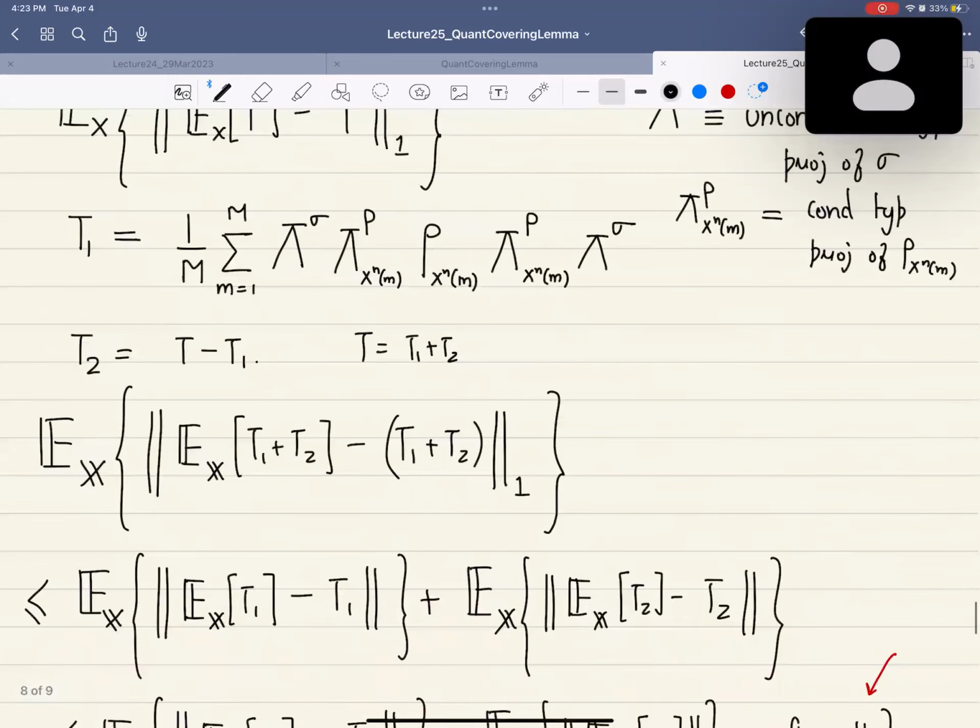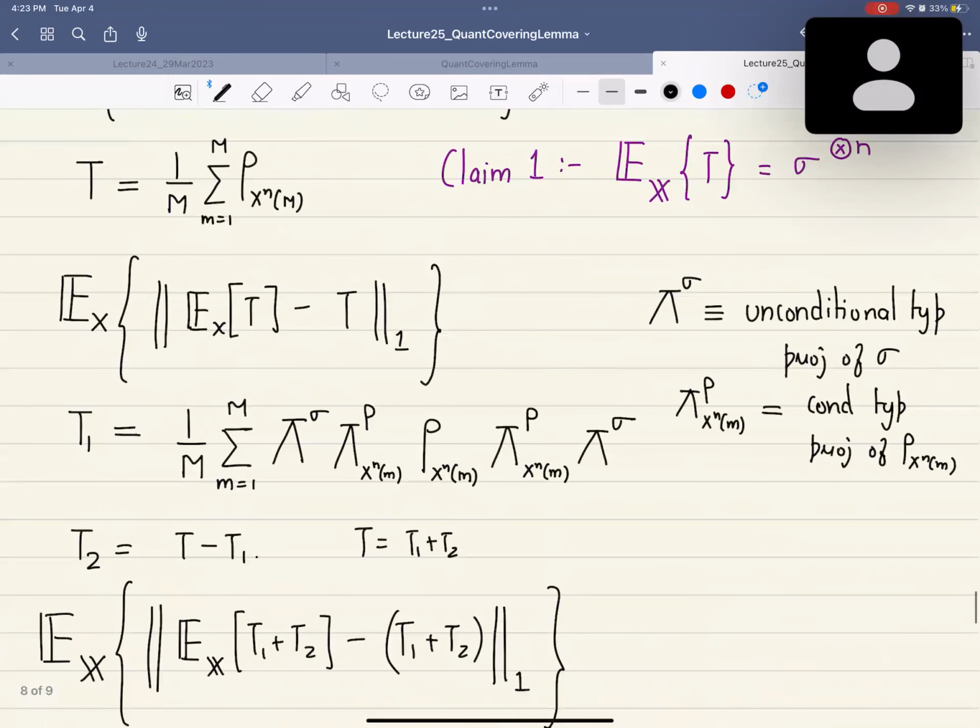There is another way you can split. You can put an indicator function. Another way you can split is to multiply this with one indicator function, xn of m belongs to the typical set, and does not belong to the typical set.